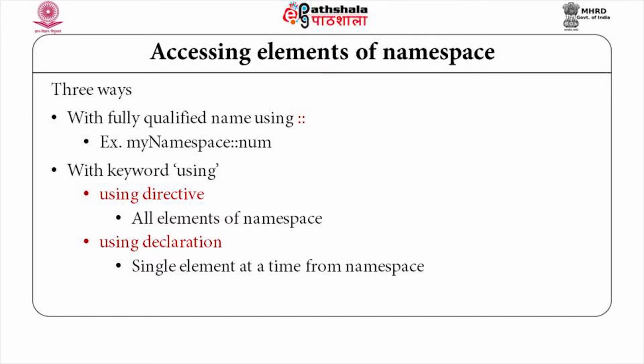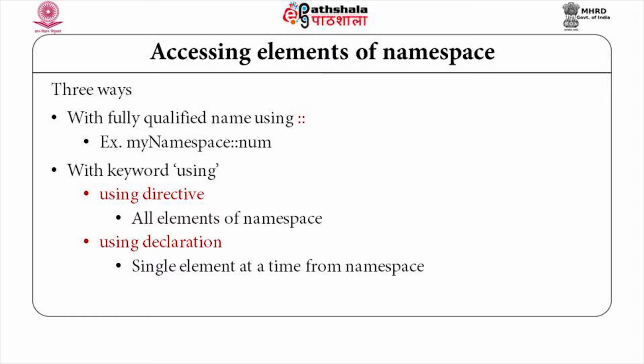Now, let us see how we can access the elements of the namespace in the program. There are three ways to access the elements. One is using the scope resolution operator, where we are using fully qualified names. For example, MyNamespace::num.